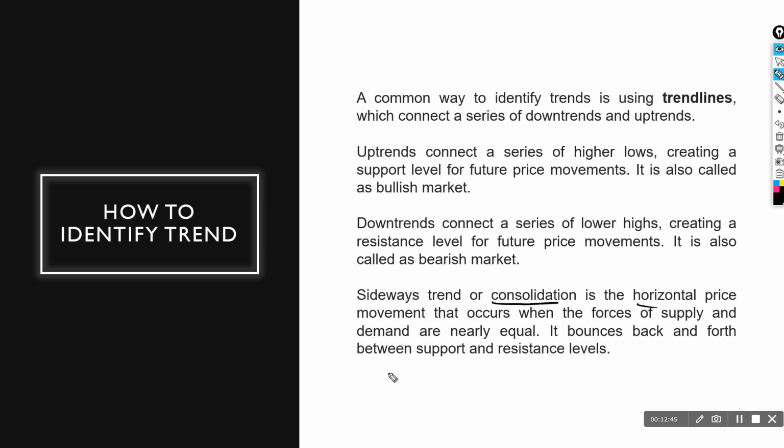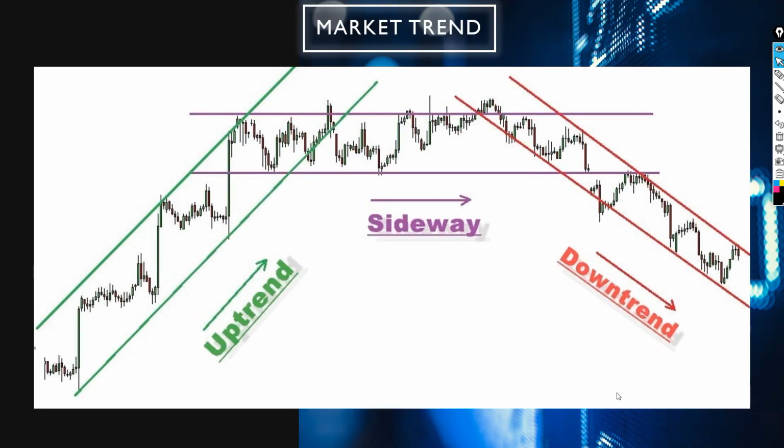That is, when the number of buyers is almost, not exactly, equal to the number of sellers, then we say it is a sideways trend. You can see a good amount of support and resistance, and even in my example I showed you clearly. What happens is the market moves back and forth between the support and resistance levels. So let's take a look at that.